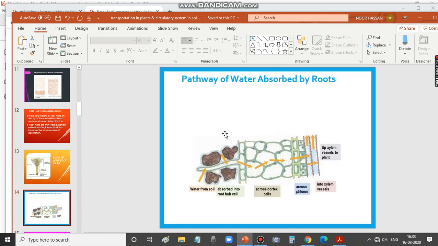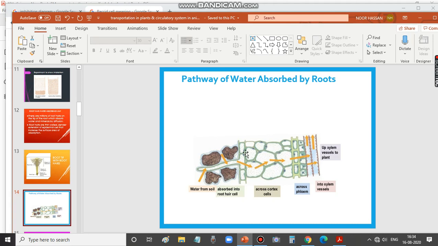This is the diagrammatic representation to show the pathway of water absorbed by roots. Outside are soil particles. Water from the soil enters into the root hair by absorption. Then water molecules move from the root hair to the cortex region.